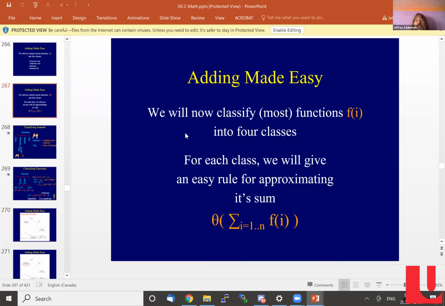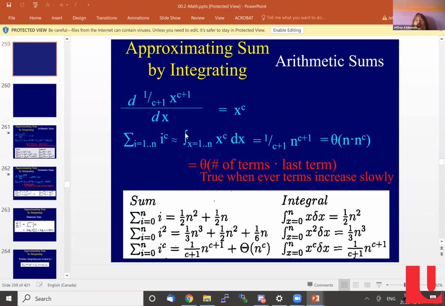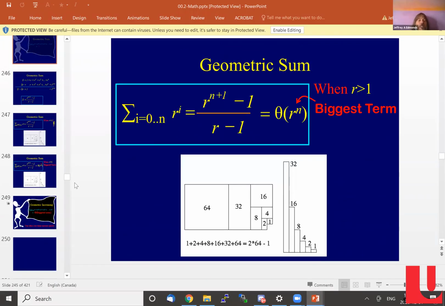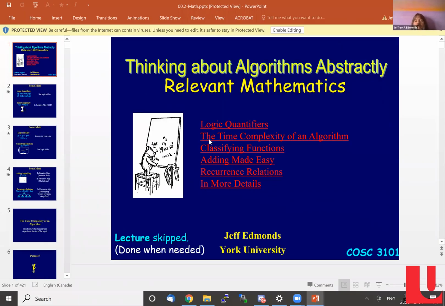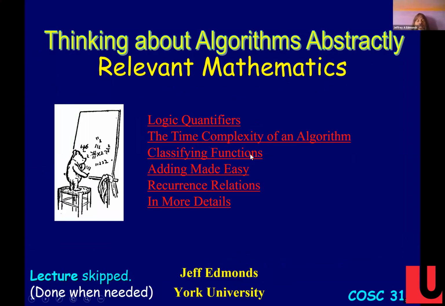We can think about how do you bound sums. Here, let's start at the top, right? What is it? The time complexity of classifying functions, right? How to sum up things, recurrence relations, more details. So here we go to classifying functions, which is what you asked for.